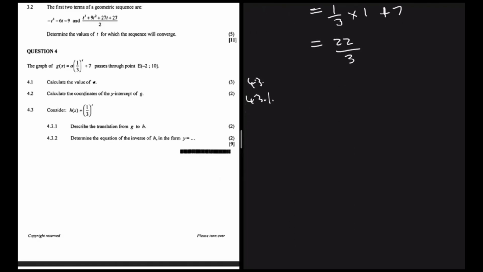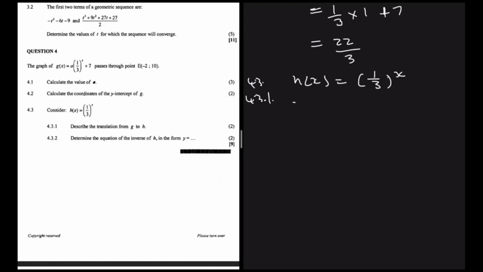4.3.1. So we are given h of x, which is equal to 1 divided by 3 to the power x. And 4.3.1 says describe the translation from g to h. All right, so let's look at h of x and compare it to g of x.